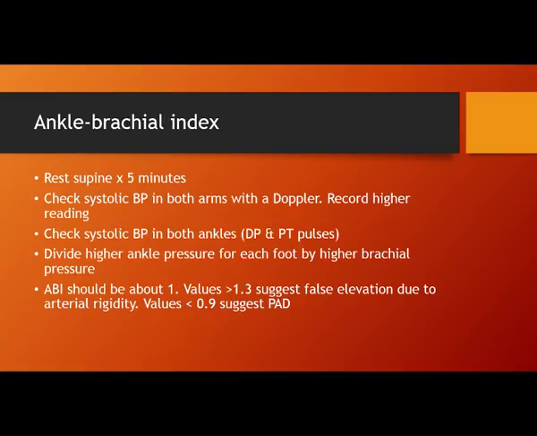If it's 0.5 to 0.9, that would be moderate, but 0.5 or lower would be severe. And I believe, I can't remember the number, I think it's 0.3 or less, the limb is probably going to be amputated soon. Oh, 0 to 0.4 is suspicious that they're probably going to be gangrenous and have to have their limb amputated soon.